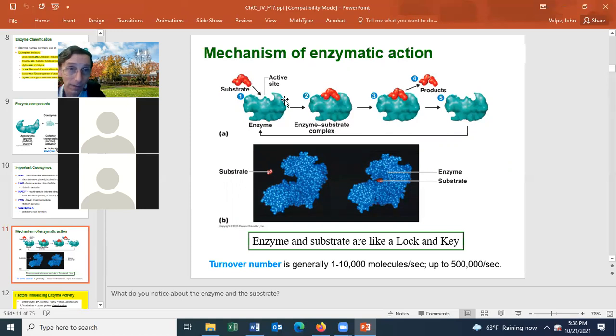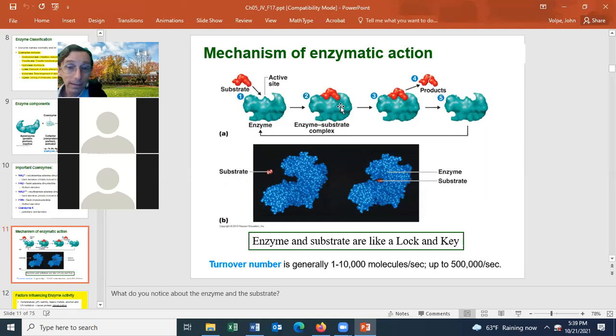Generally speaking, there's one key that can open a lock. And of course, there's a master key. So there are a couple of keys that can open the lock, but you're getting the idea. We can say that an enzyme follows the lock and key model because one enzyme is specific for one substrate, and that one enzyme can only bind specifically to one substrate.